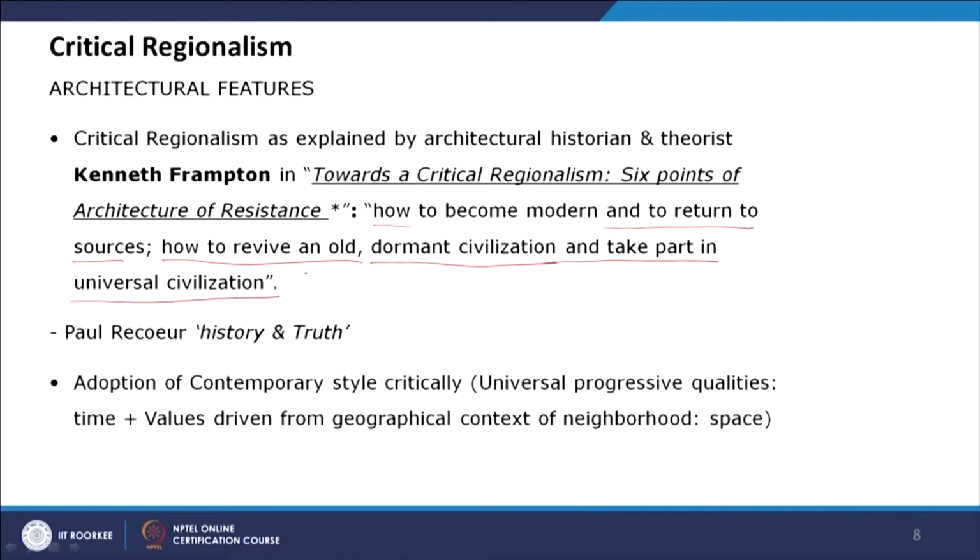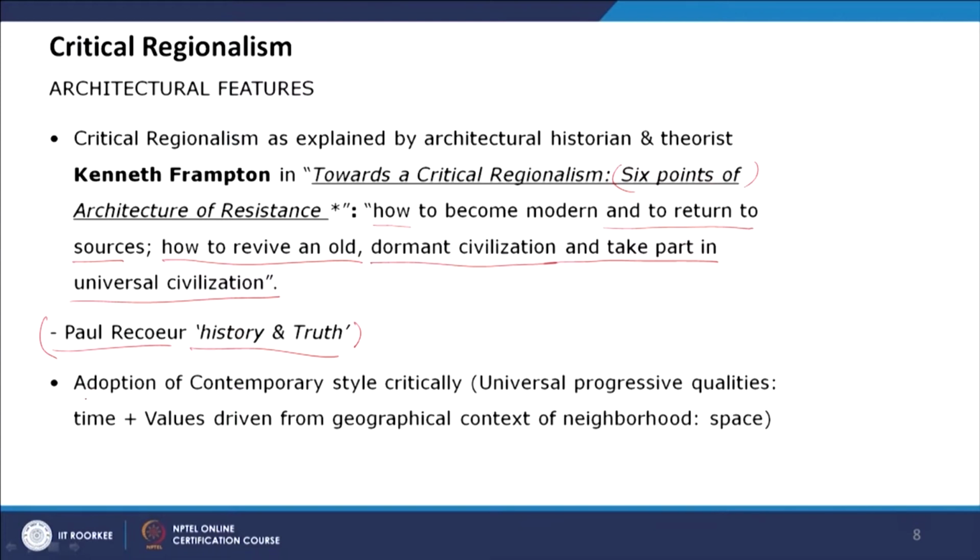That is written by Paul Ricoeur in History and Truth. He is quoting Paul Ricoeur, and then he is coming to the six points of architecture. We'll discuss how he is describing critical regionalism from his point of view.